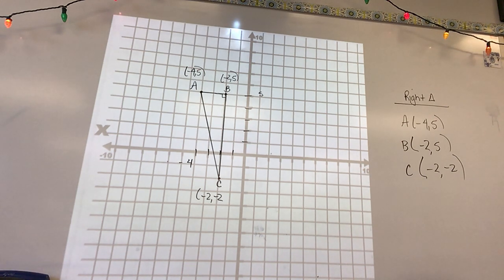Negative 4, go up 5, yep. And then negative 2, negative 2. Again, when you come in on Friday, we'll have a 1-question quiz, and I'll have a couple of these right triangles in the pile. Okay, they'll be upside down again.